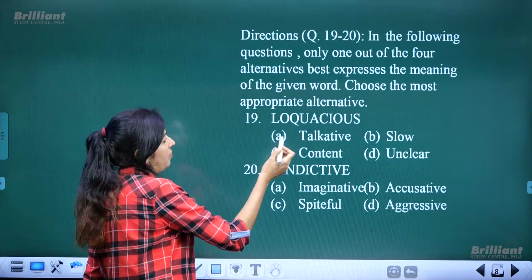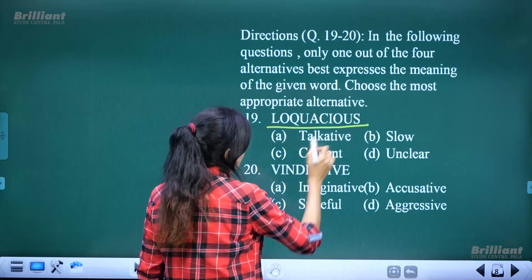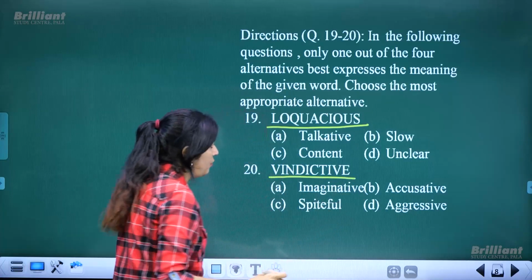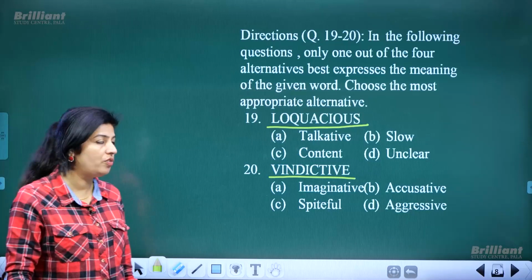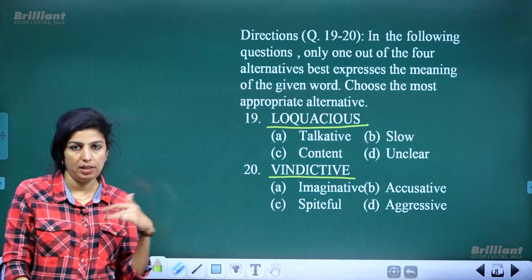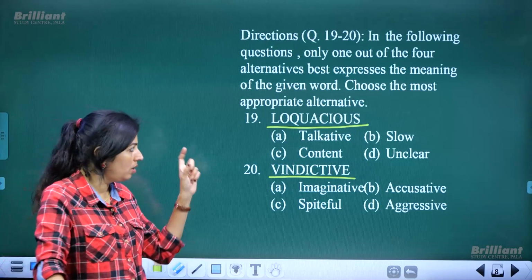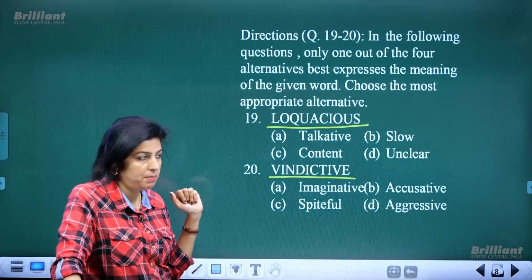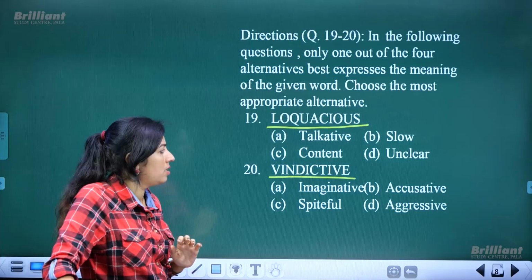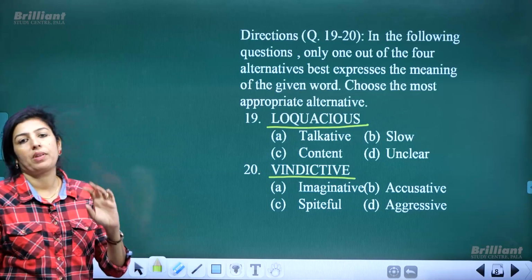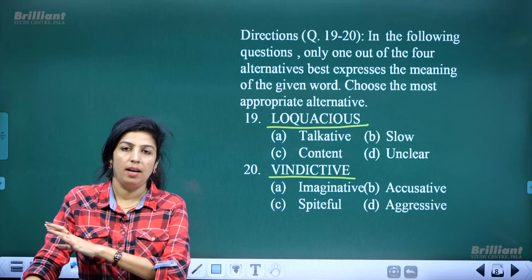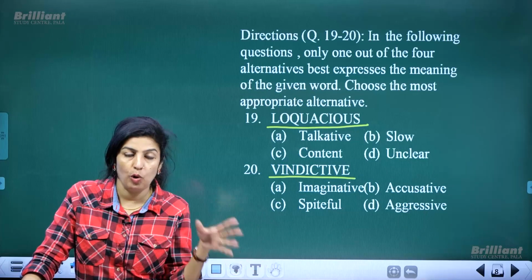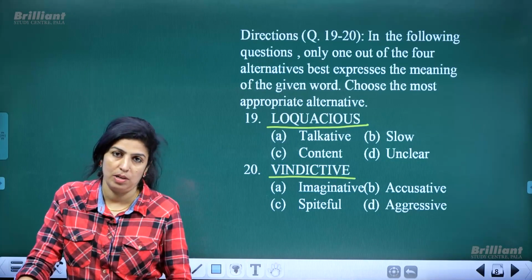Now, we have to find words similar in meaning. For the previous questions, that means 17 and 18, you were asked to find opposites, and right now you have to find synonyms, or words similar in meaning. Loquacious. People are described as loquacious when they are garrulous, voluble, or when they talk too much.